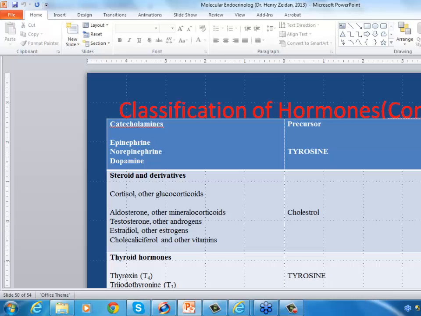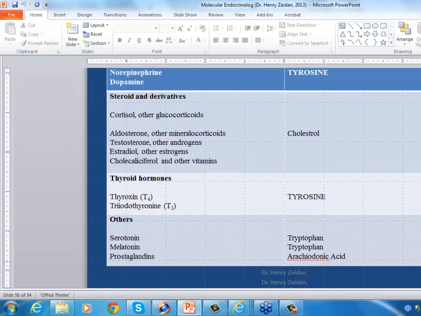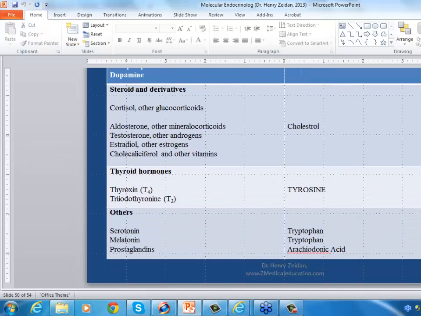Thyroid hormone, T4, T3, coming from tyrosine. Serotonin, melatonin coming from tryptophan, and prostaglandins coming from arachidonic acid, which deal with cyclic GMP.